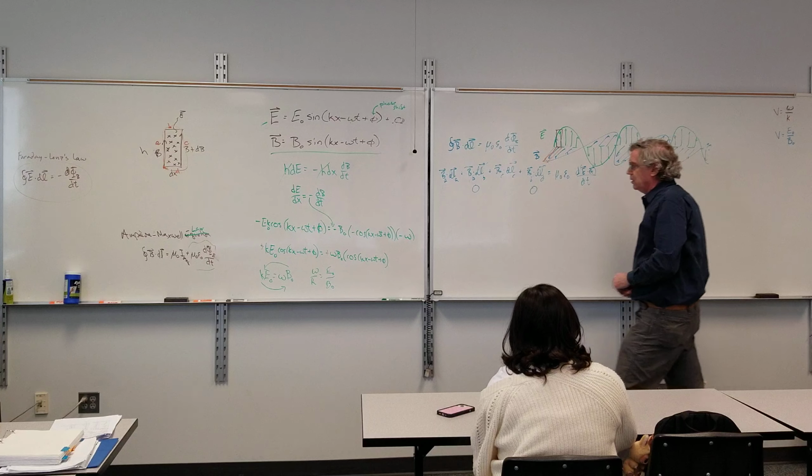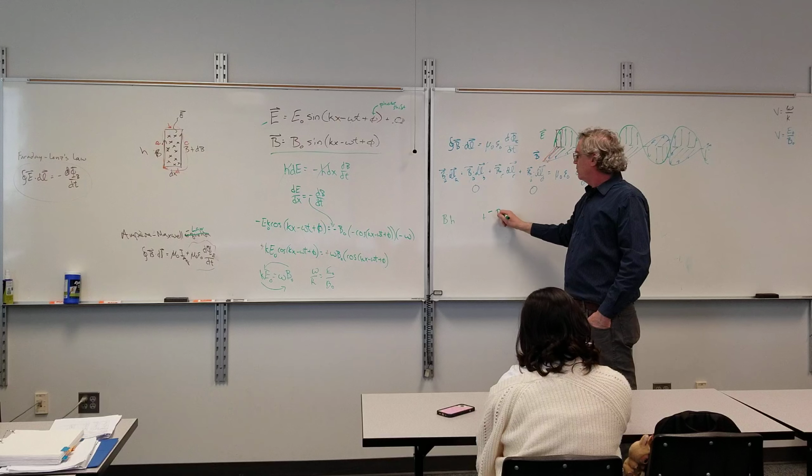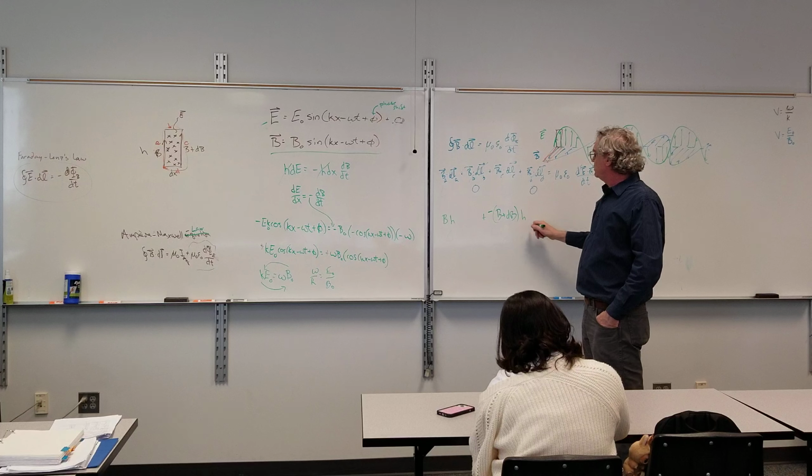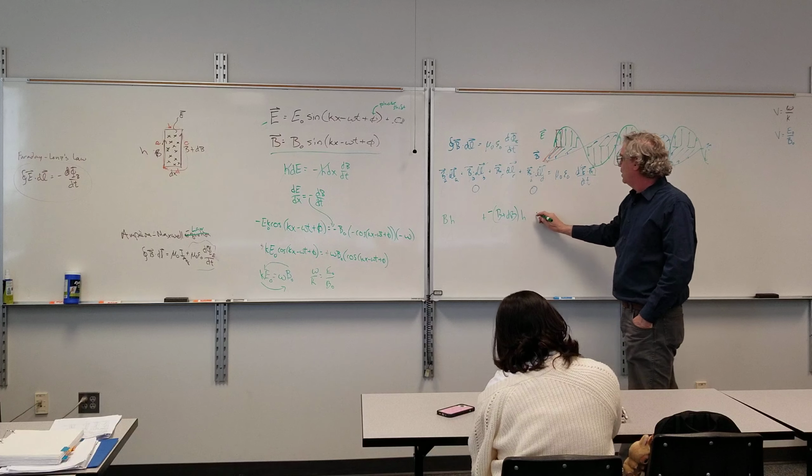So in that first segment, I have B times H, plus, and along here, my dl is going down, but my magnetic field is going up, so negative B plus dB times H. And that's going to be equal to mu naught epsilon sub naught area times dE dt.